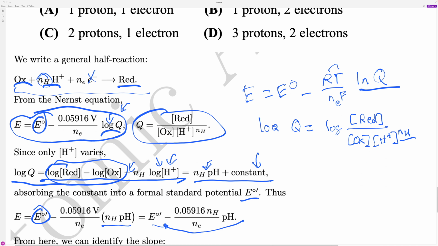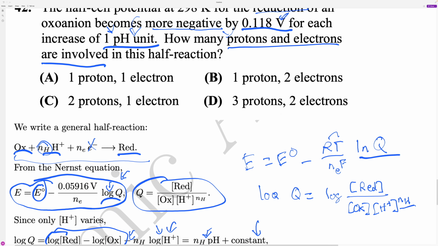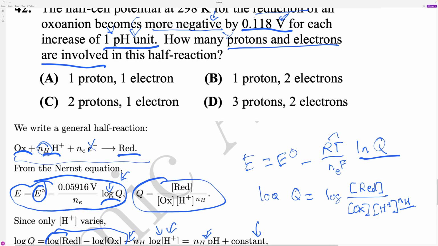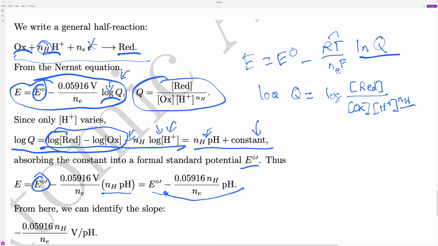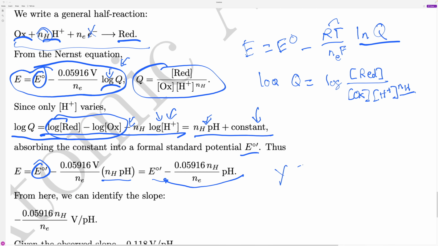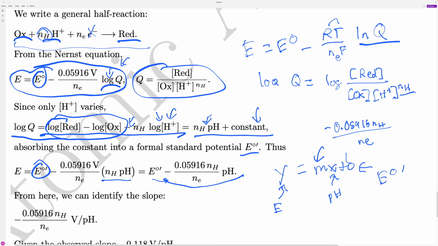So from here, we know that we have the slope of negative 0.118 V. So using y equals mx plus b, you can generally see that if this is E and x is pH, m, our slope, is going to be negative 0.05916 NH over NE, and b is just going to be our constant cell potential thing.